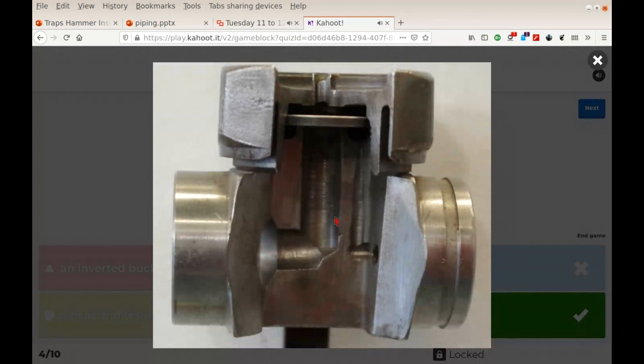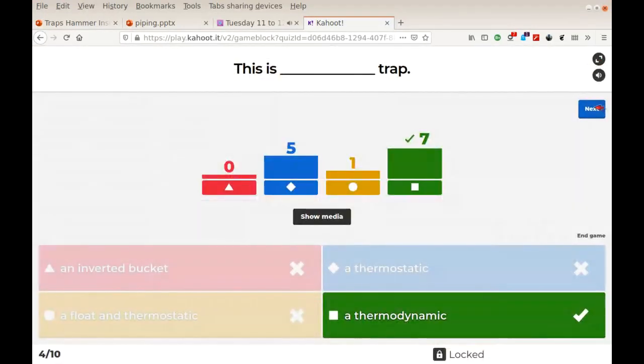Right on. Yes, so this one works not on thermostatic principles, but thermodynamic principles. So it's a thermodynamic trap, and it's also called a controlled disk thermodynamic trap.